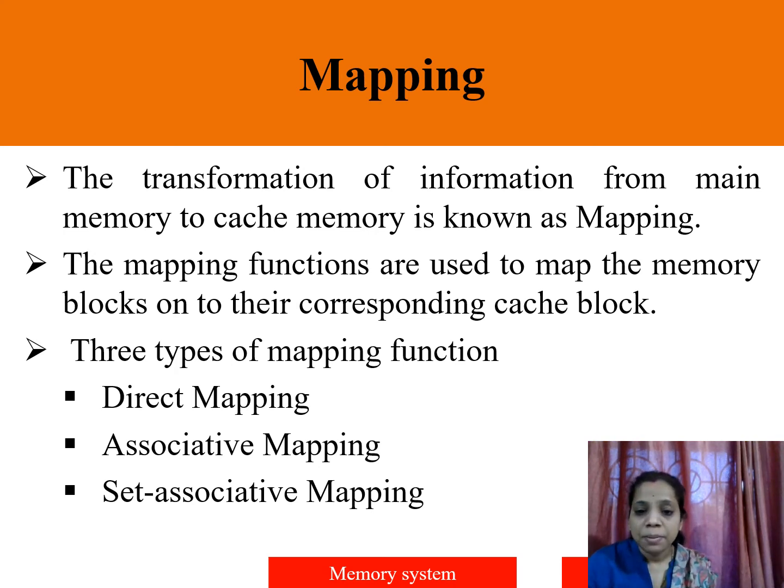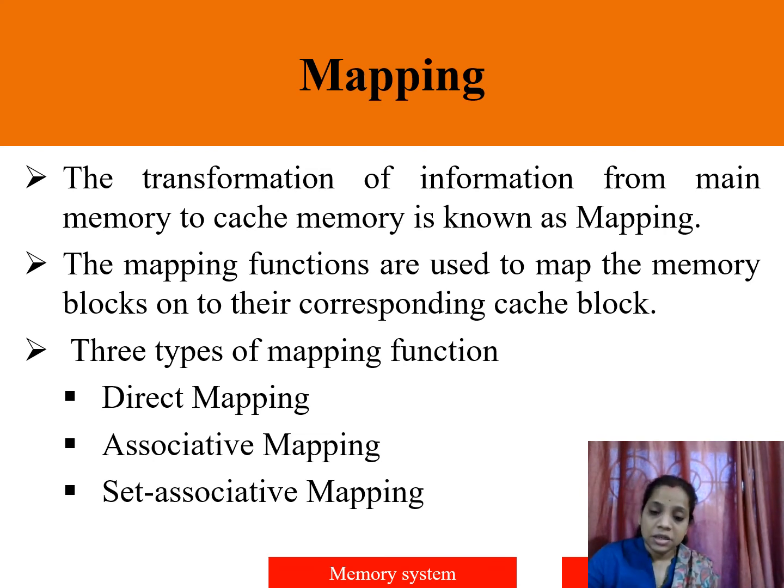So what is happening in this mapping? It is used to map the memory blocks onto the corresponding cache blocks. Now we have to find out which block of main memory has been mapped to which block of cache memory.